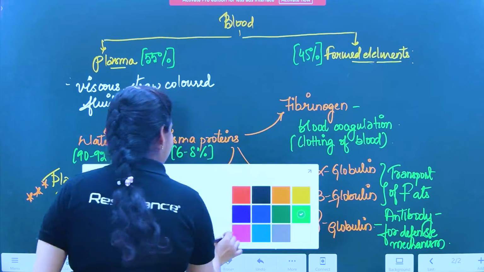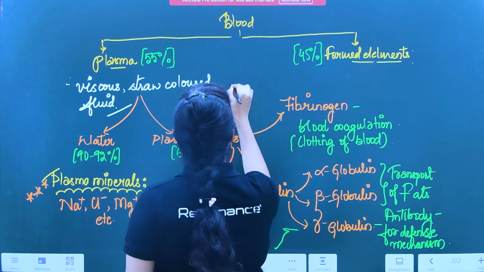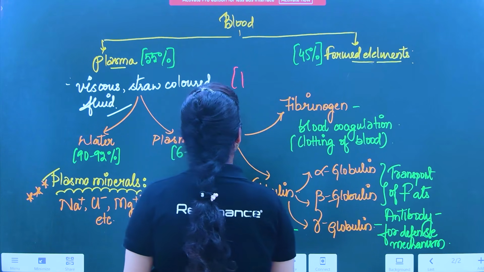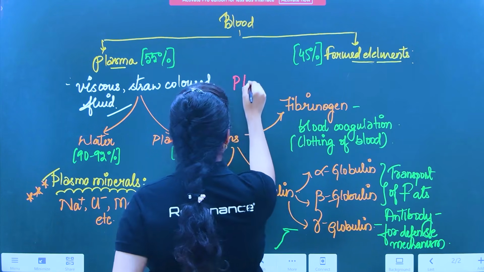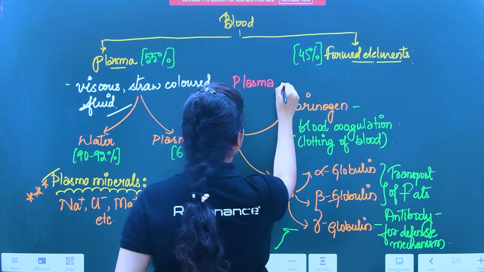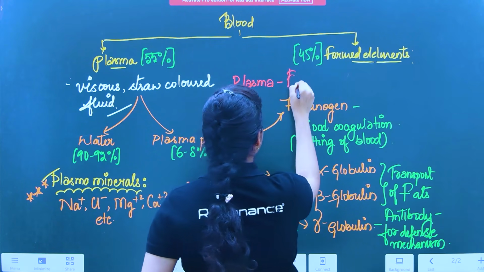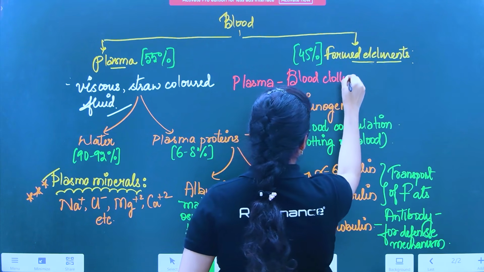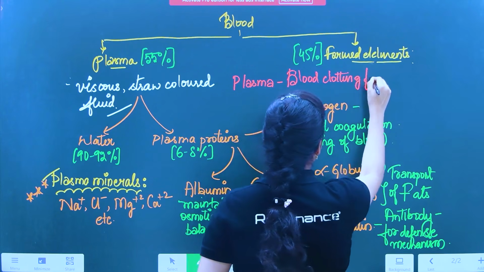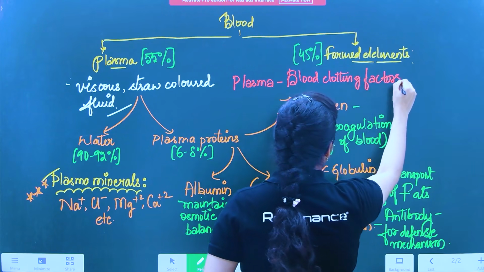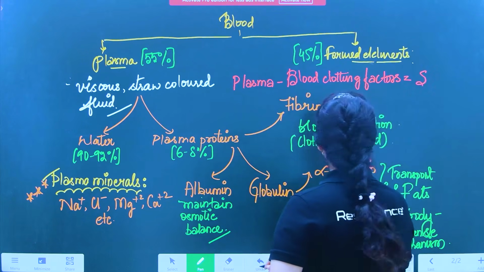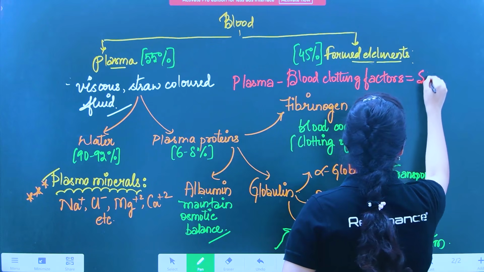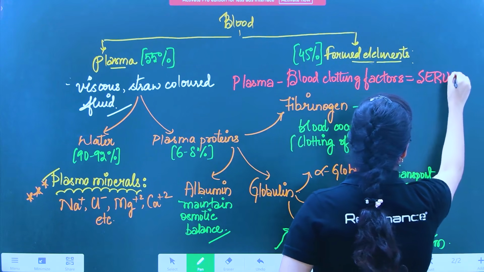So I will write it as a statement now. Plasma minus blood clotting factors is what is called serum.